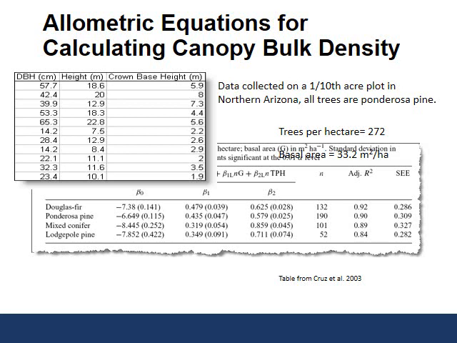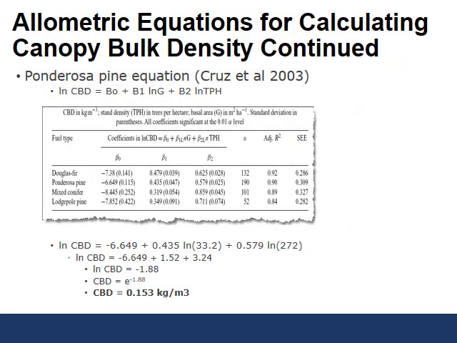The Cruz equations require us to know the trees per hectare and the basal area in meters squared per hectare. Note that in the following example, I am using the 150 10-inch trees converted to basal area and tree density in metric units. It is very similar to our previous use of these equations, and we get a canopy bulk density of 0.153 kilograms per meter cubed.